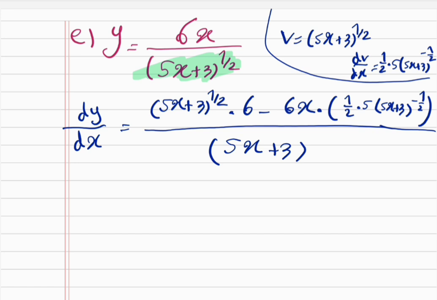Because as you can see in this question, the question is about the quotient rule, but we still had to use the chain rule to differentiate 5x plus 3 to the power of half. Without the chain rule, we couldn't do anything, right? So it's very important to be aware of that, and also be able to use your other techniques when you're learning or applying a new technique. So it's very common.